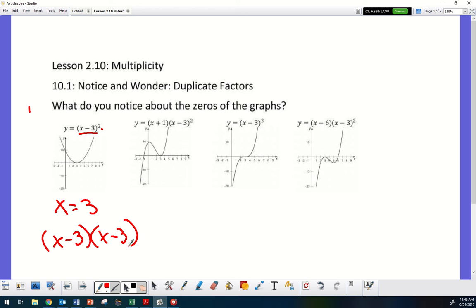So I have 2 x's, but they're both positive 3. So it only touches at one point, because they're both x equals positive 3.